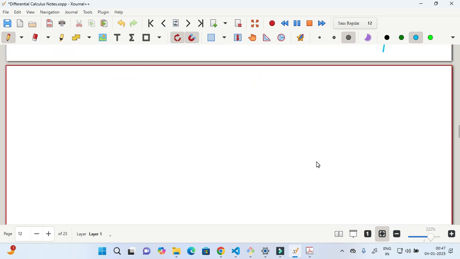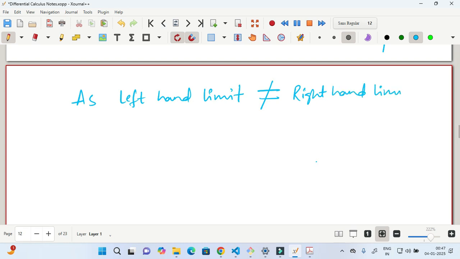So you can say that as the left hand limit is not equals to the right hand limit, the limit does not exist at the point x is equals to 2.